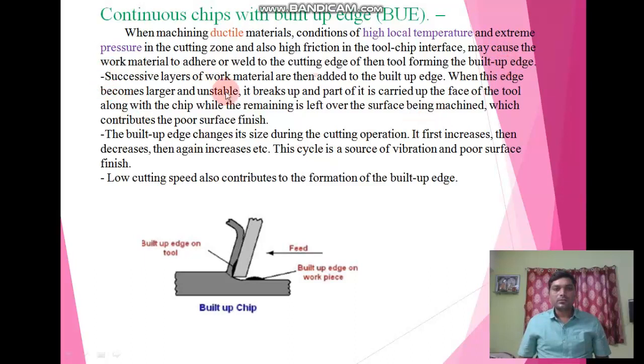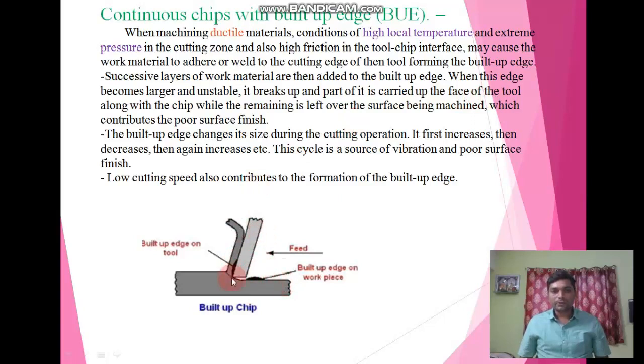When successive layers of work material are added over the built-up edge, it becomes larger and unstable, and it breaks up; part of it is carried away with the help of the tool face, and the remaining is left over the workpiece.